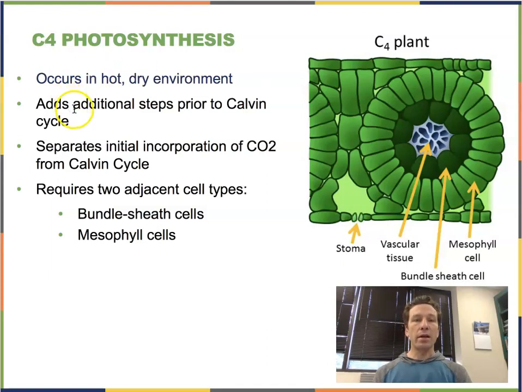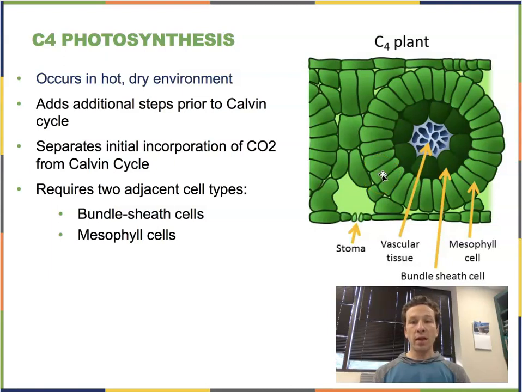And the basic idea here is that the plant is going to add some additional steps prior to the Calvin cycle. And these additional steps are going to separate the process of acquiring carbon dioxide from the process of fixing it into organic form in the Calvin cycle. We're going to see that the process is spatially separated between 2 cell types.